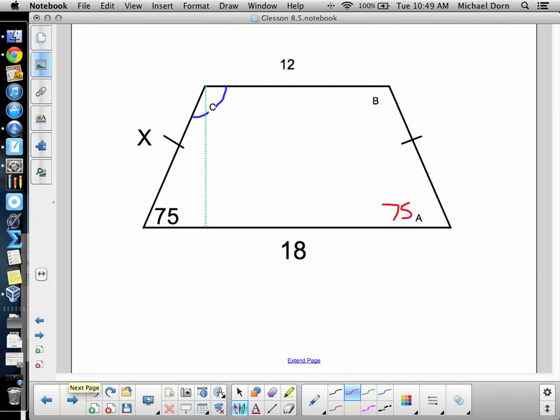Angle C is going to have to be 95, because these two have to add up to 180. And angle B is also going to have to be 95. All right. Find the length of this side right here.